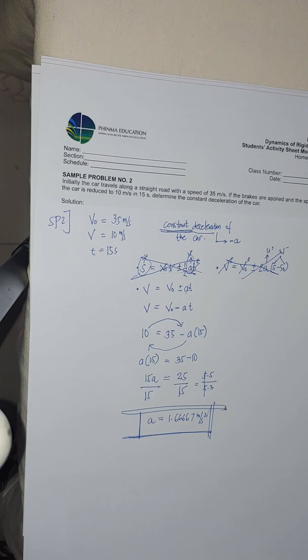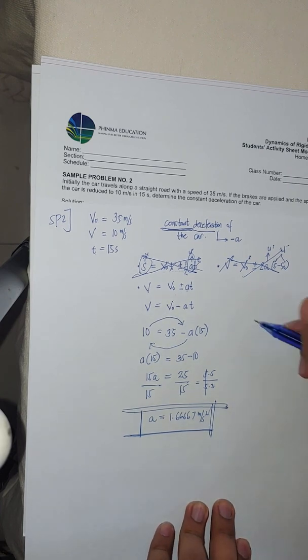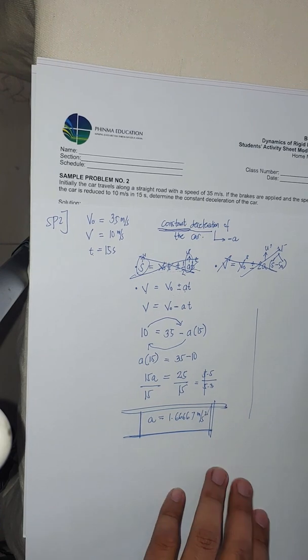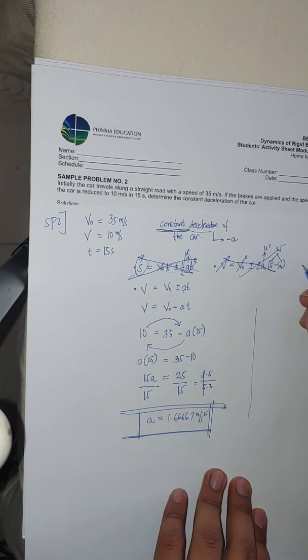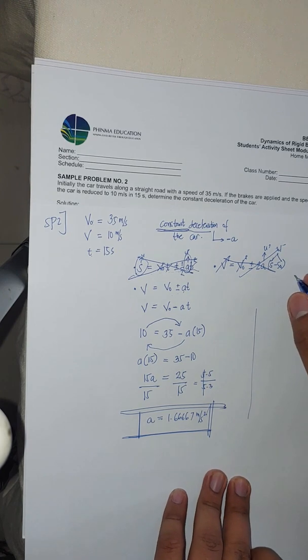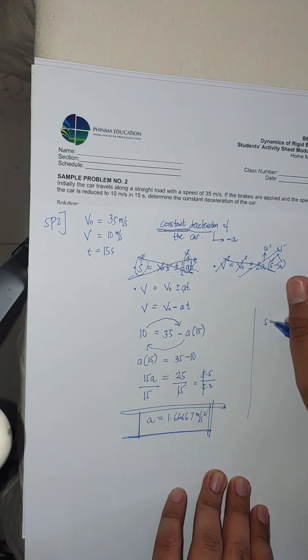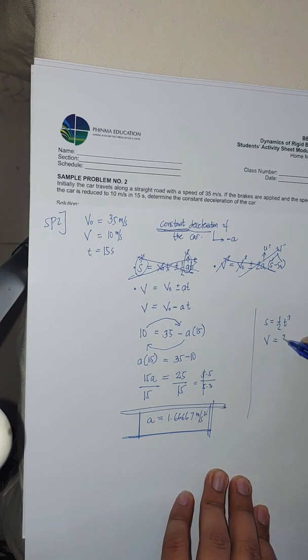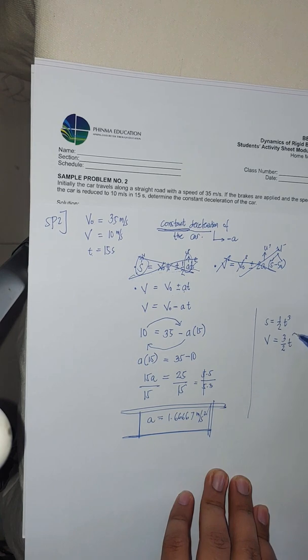How about, sir, in the first problem, we did not try using constant acceleration. If we check the first problem, you were asked to graph velocity versus time and the other graph. So we used integrals and differentials. If you check the position, the problem is 1/2 t cubed. If we check whether it is constant acceleration, we differentiate. V is equal to 3/2 t squared.